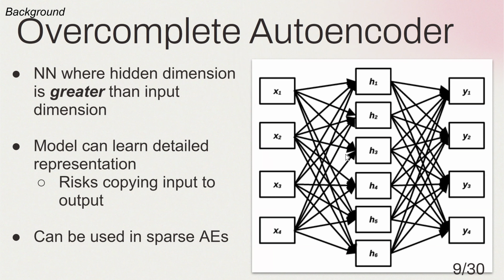But people sometimes do this for sparse autoencoders and things like that, because you can learn a more detailed representation. You can potentially learn things that are not all the way relevant to your task, but you can prune those out and maybe learn disentangled representations.